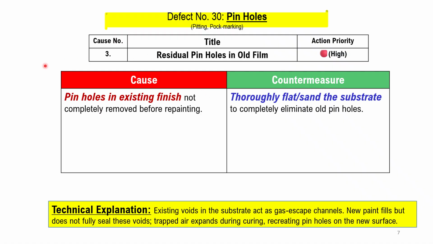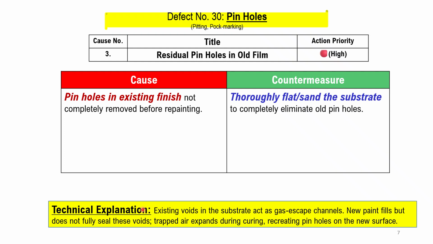Third probable cause could be residual pinholes in old films, that is, pinholes in the existing finish not completely removed before repainting. Existing voids in the substrate act as gas escape channels.